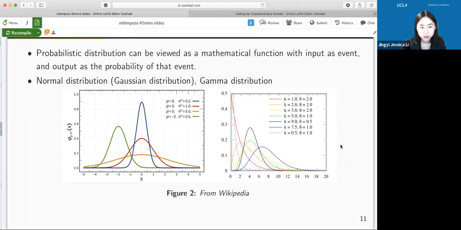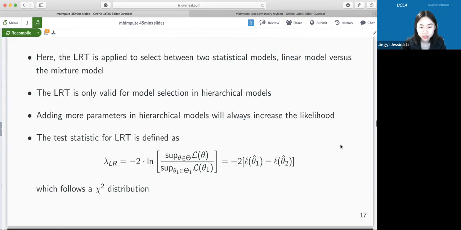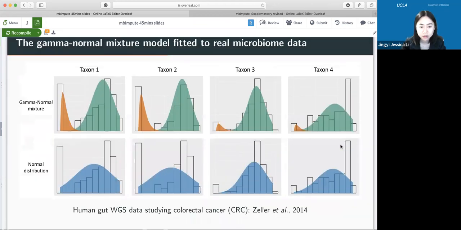Yeah. So here, in Ruochen's model, he chose the normal distribution as the second component on the right, just because of the shape of the data. It looks like a bell shape. Also, normal distribution is commonly assumed for linear models for convenience.